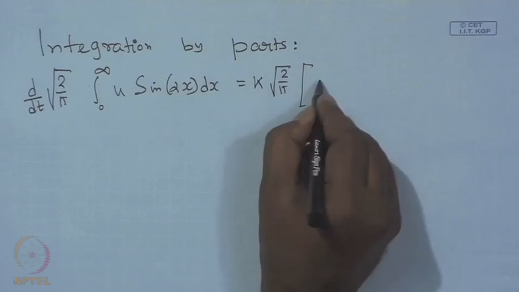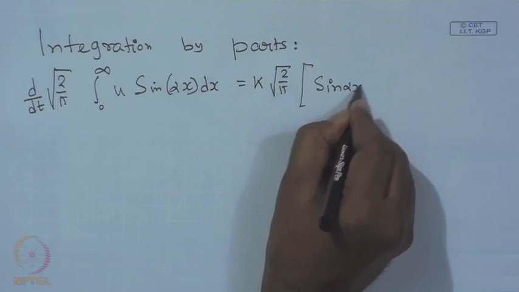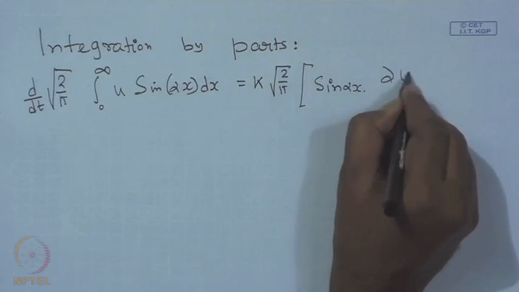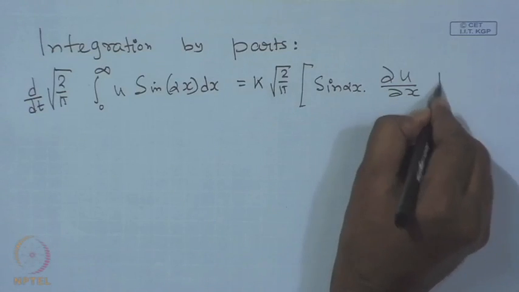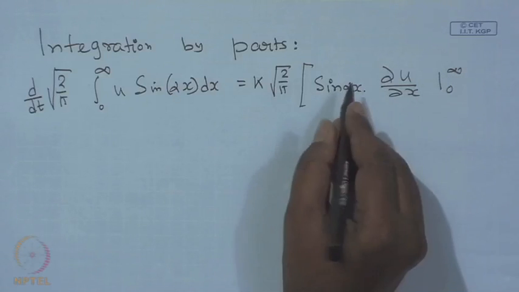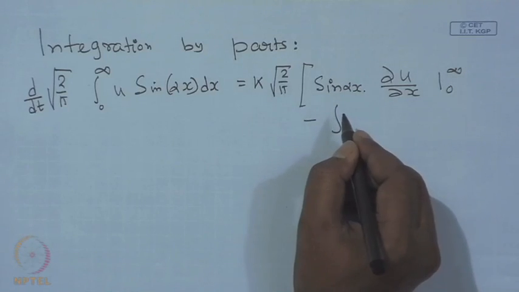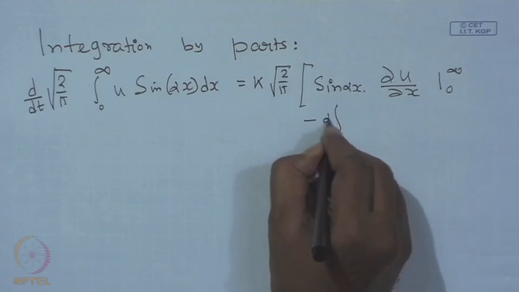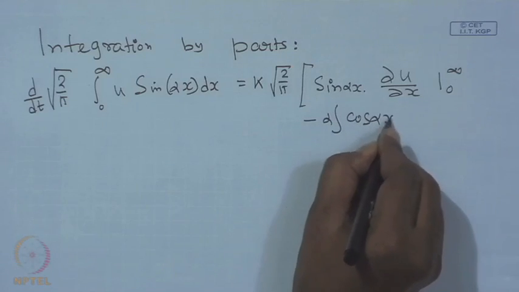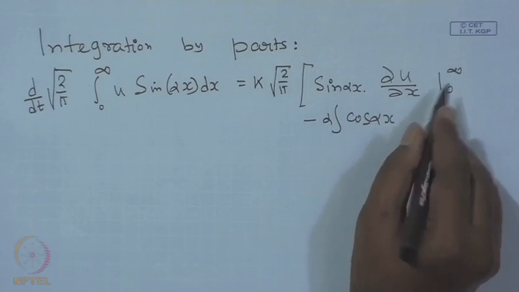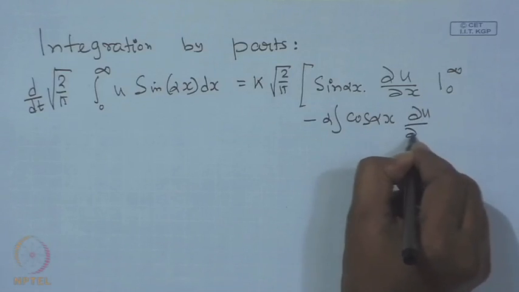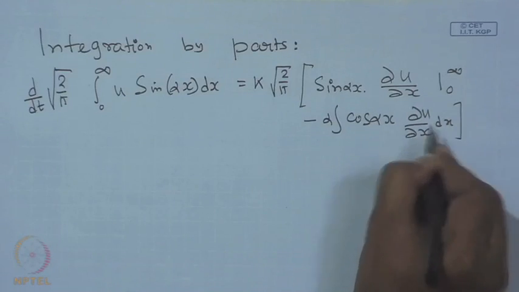So, sin alpha x is the first function, and the integration of the second function is del u del x, evaluated from 0 to infinity, minus the differential of the first function, that means alpha cosine alpha x, and the integration of the second function, that is del u del x, dx.